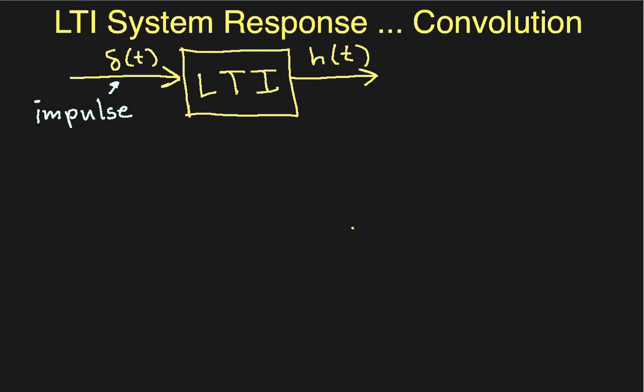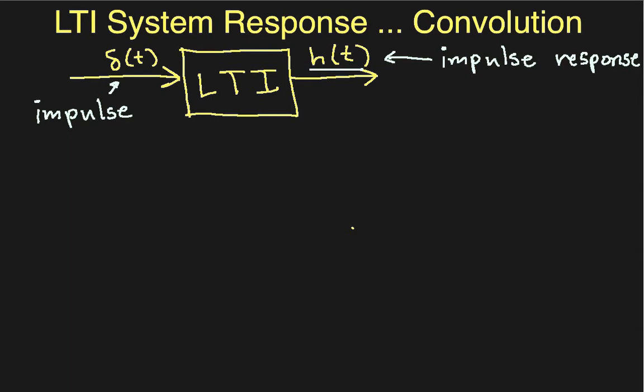Impulses can instantaneously change position or velocity or the charge on a capacitor or the current through an inductor, which means that in real life they don't exist. But they're a useful abstraction. And the response of the system to the impulse, we're going to call its impulse response. Okay, and again, this impulse response we're going to call h of t.